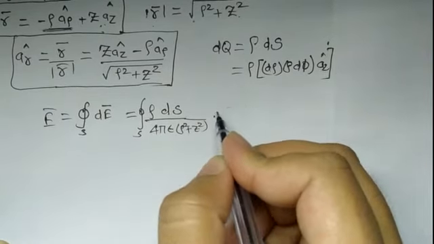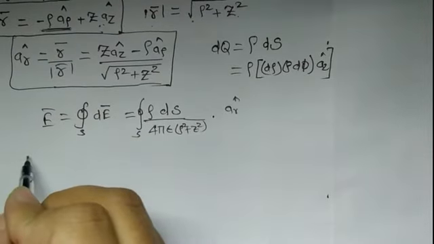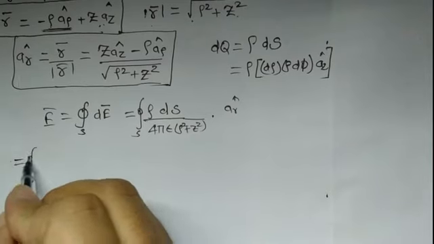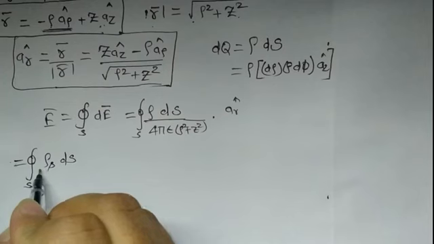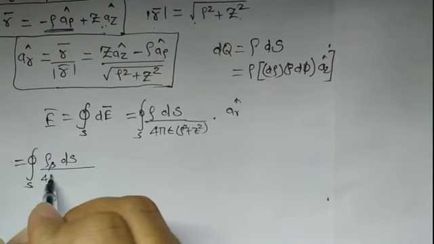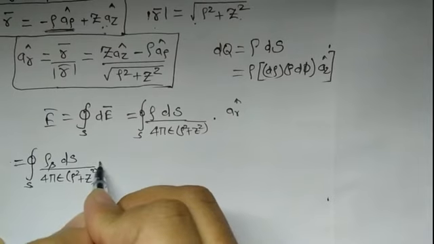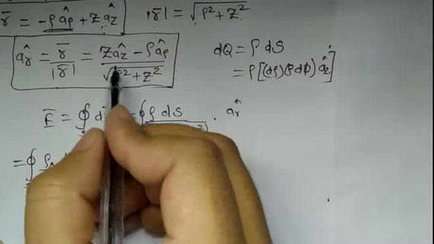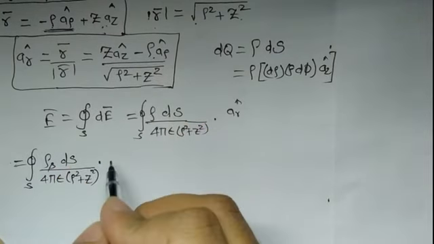So it would be the surface integral of rho s ds divided by 4 pi epsilon rho square plus z square into a R cap.